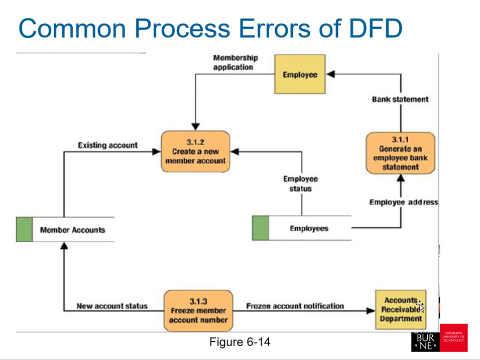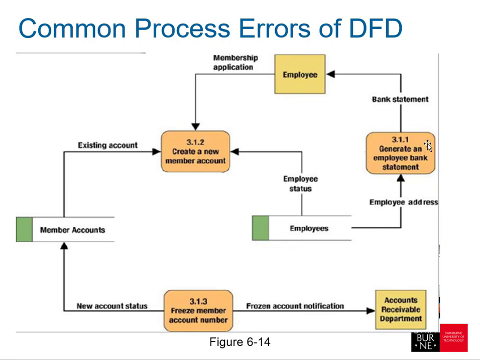A frozen account notification goes to account receivable. Right, so this is probably okay, because this can be a state event or temporal event associated process. So there is no activation coming in, or process data coming in. So this is quite okay on this side. Okay.